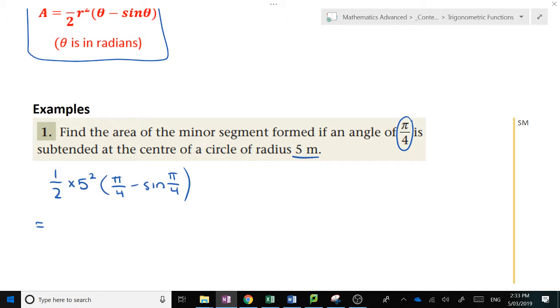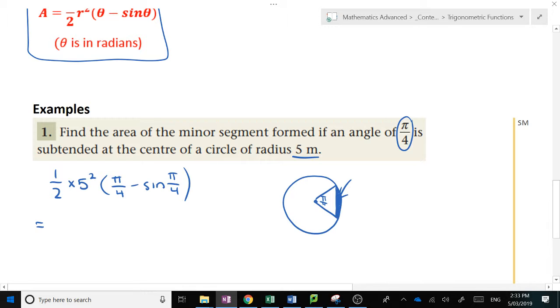So make sure your calculator is in radians. If it's just a segment, it's the sector. So basically, this is pi on 4, it's this little part here. So I'm finding that coloured in bit.